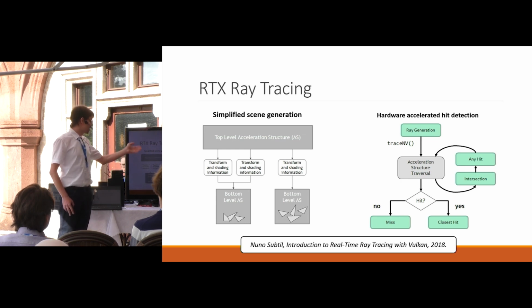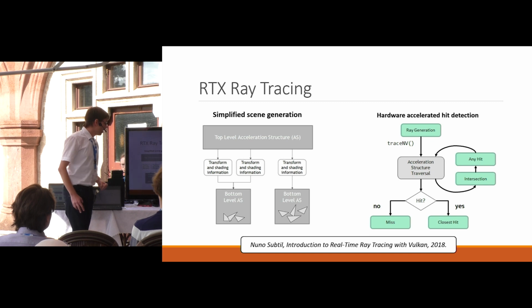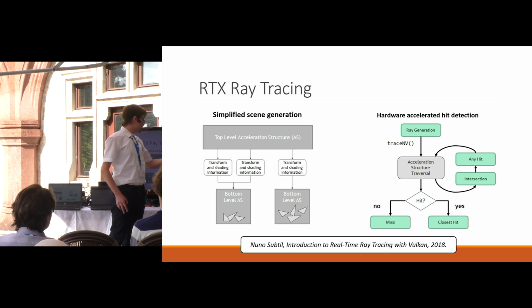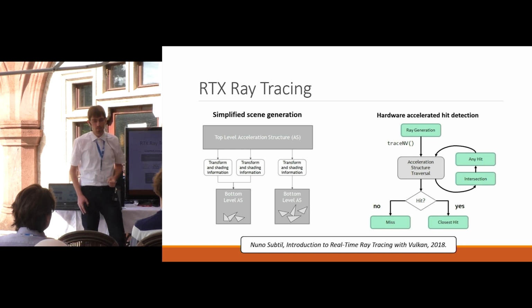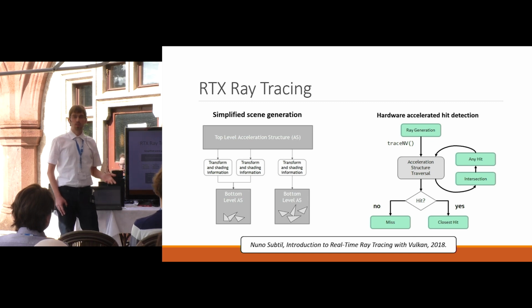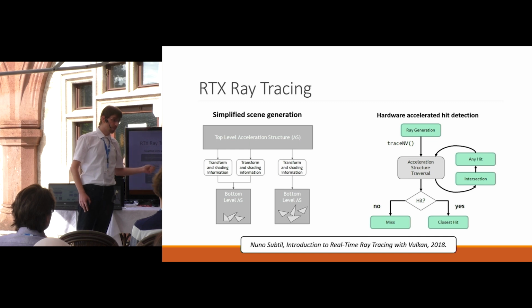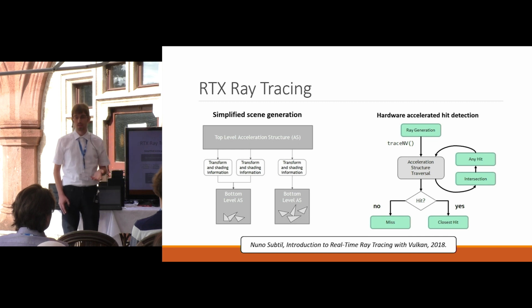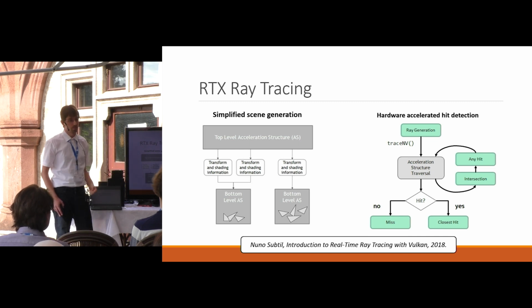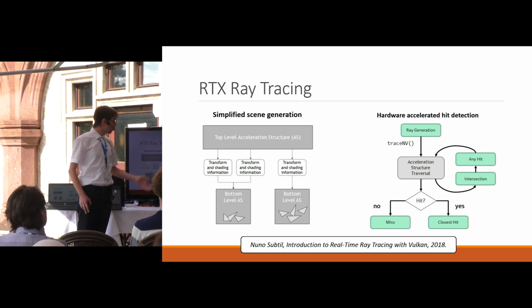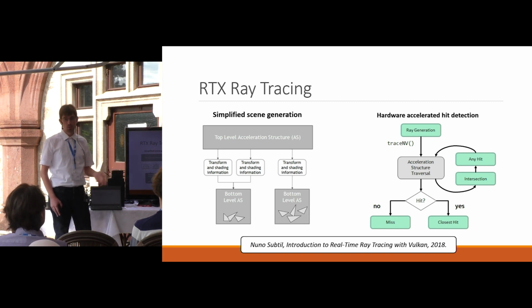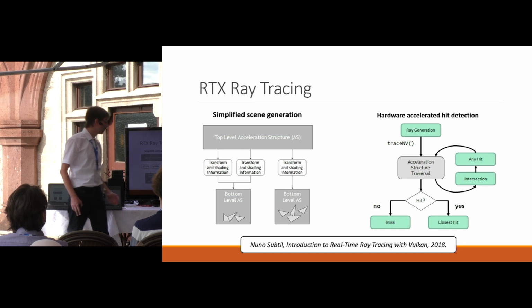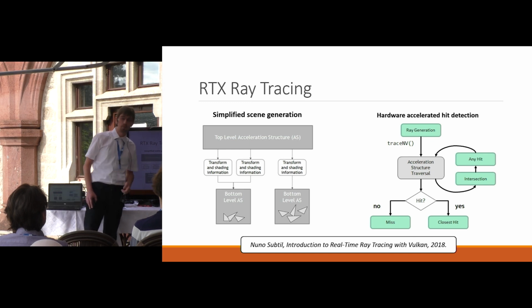Besides offering simplified scene generation, more importantly, it offers hardware-accelerated hit detection, where it takes the RT cores present on the modern Nvidia GPUs to quickly compute the hits with all the objects in the scene and effectively abstracts this part of the algorithm.